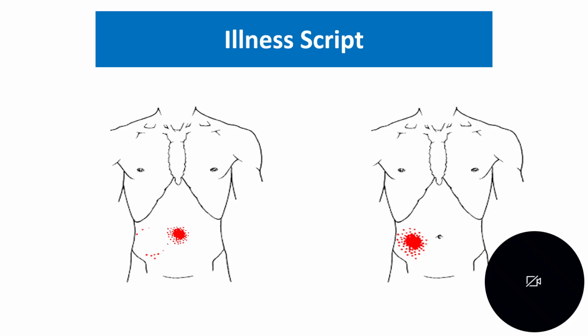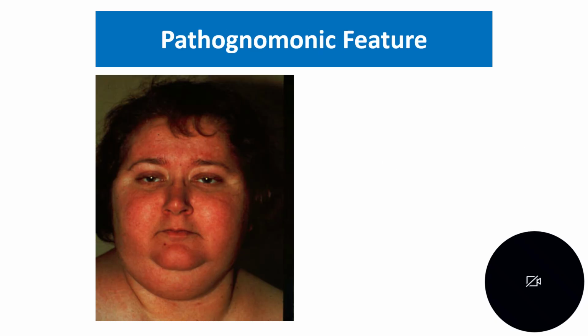Sometimes the pattern recognition is a picture. Here is this woman who is coming into your clinic. She hasn't sat down to say hi, hello, how are you, what's wrong with you. You notice that her face is kind of round.